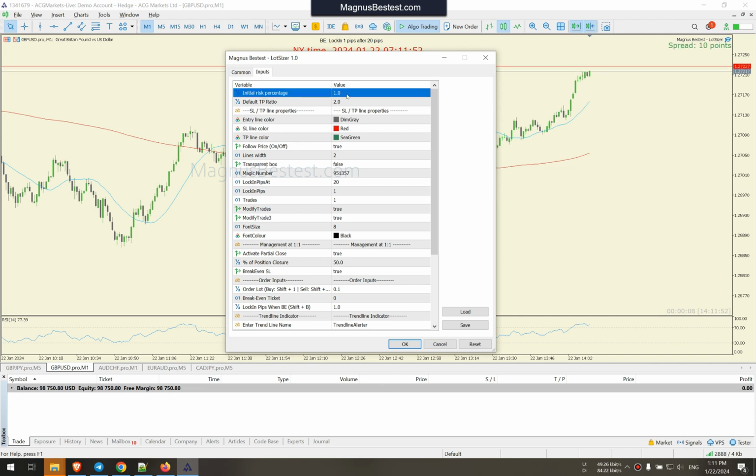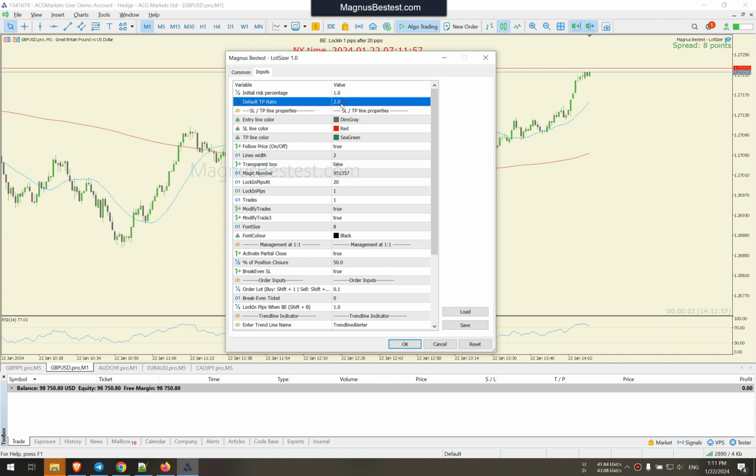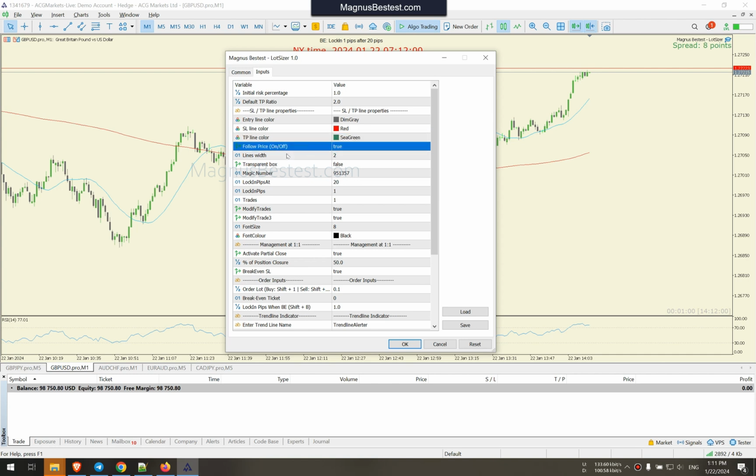Here you can basically set up the percentage you want to risk by default, the ratio. This is the entry line, the color, it doesn't matter. Here we have this, which is important: if you want to be by default following the market price. So if you are a scalper and you just want to come to the chart and press a button, for example, you want to go bullish, like buy, normally you don't want it to be set up as a limit buy or sell line.